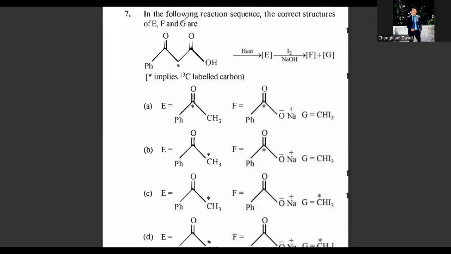Now when this carbonyl compound is heated, what happens? First step, there will be removal of carbon dioxide, leading to the formation of this product.